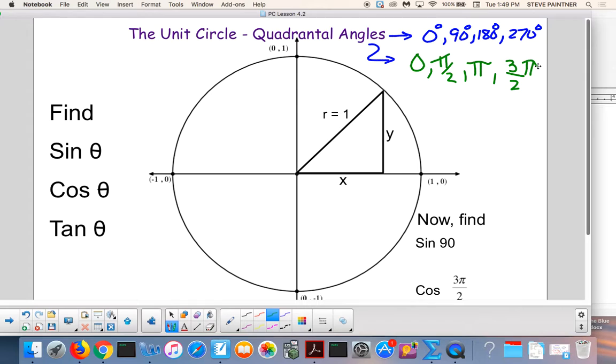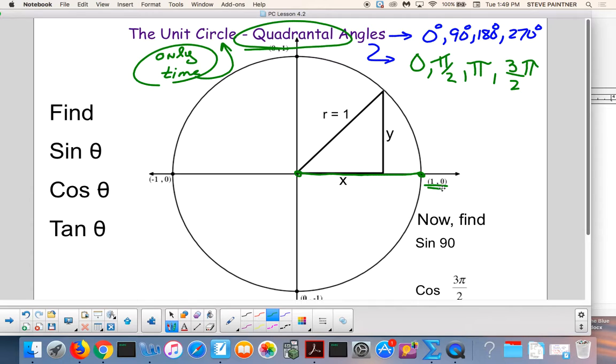Okay, so here's the deal. This is the only time I ever use the unit circle. Right here, when I land where? Right on the x or y axis. Okay, so if that's true, look. From there to there, what's the radius? 1. Unit circle.